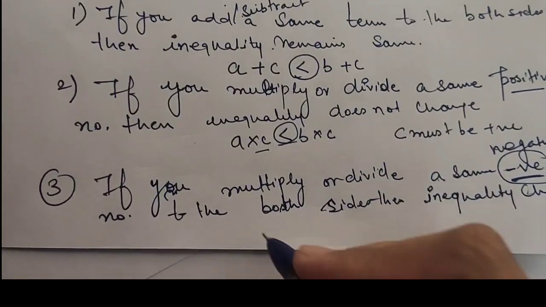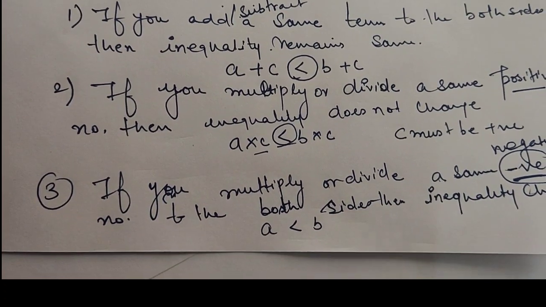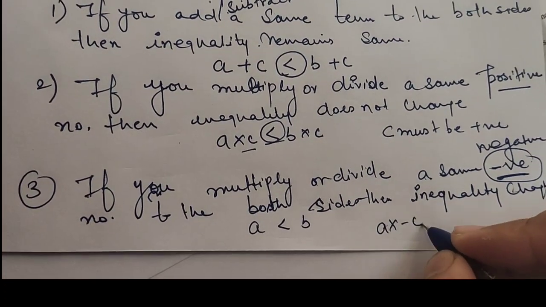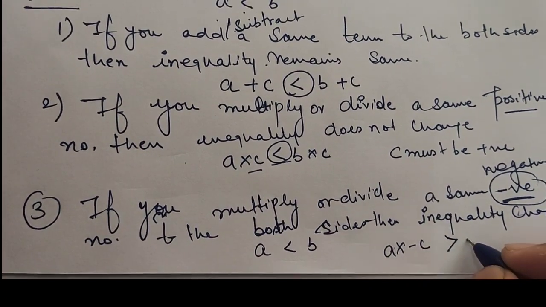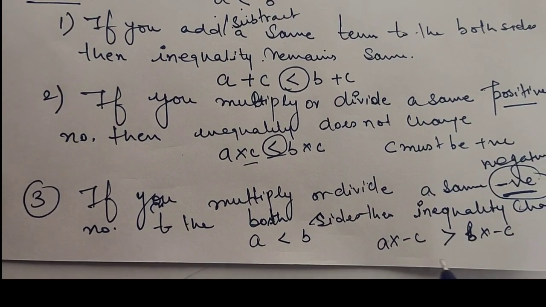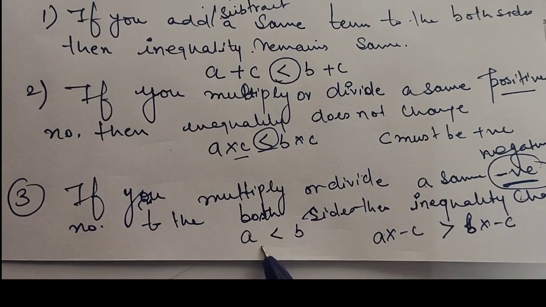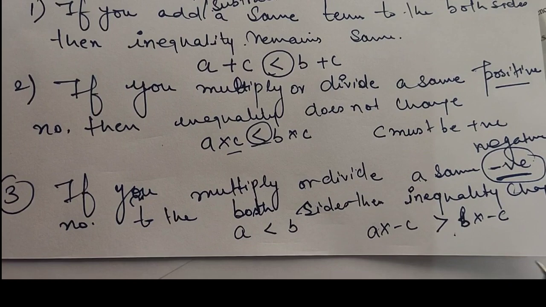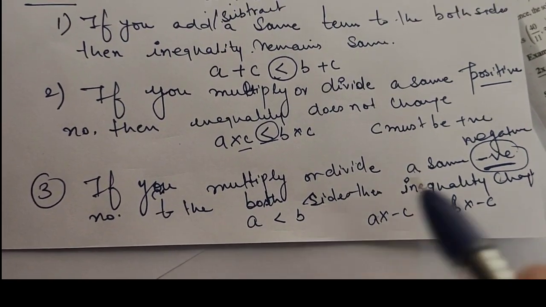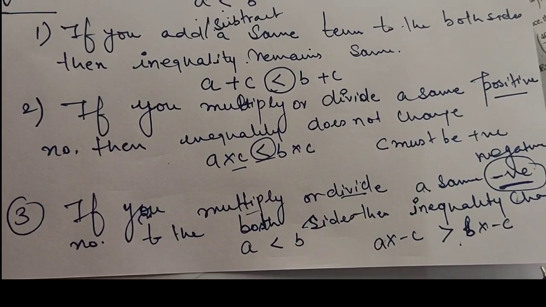What does it mean? If you have a less than b, and I multiply by minus c on both sides, then the inequality sign changes. What does it mean? कि अगर less than का sign था, then you have a sign of greater than now. Clear? If you multiply or divide, ये दोनों के लिए होगा.